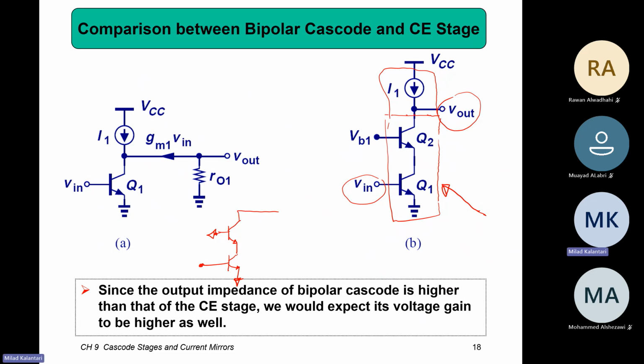And then in our case, we ground the output, and we want to find this I out. And here is the V in. So how can we find I out to V in for this small signal model? Can you tell?